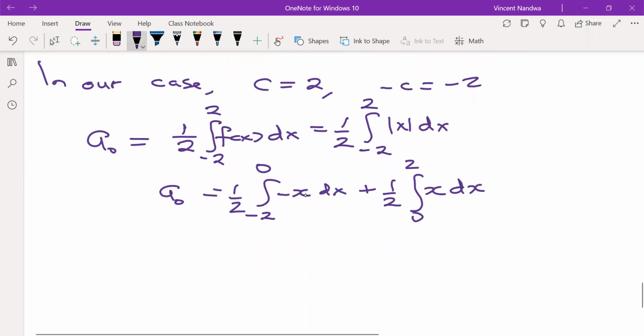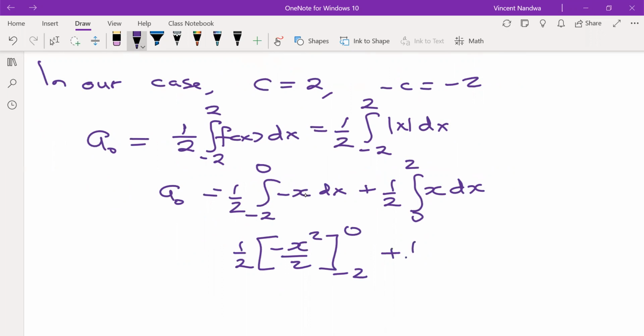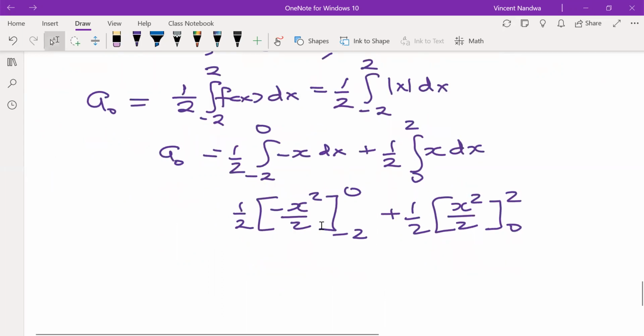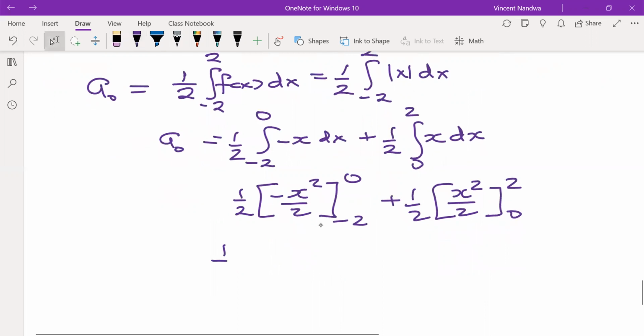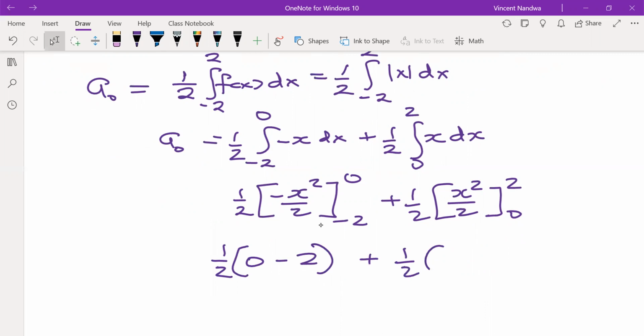So when you integrate minus x, you get minus x squared over 2. Putting the limits from -2 to 0, plus a half into x squared over 2 from 0 to 2. So we'll have a half into upper limit 0, lower limit minus 2, plus a half, upper limit 2, because 2 squared is 4 over 2 is 2, minus 0.